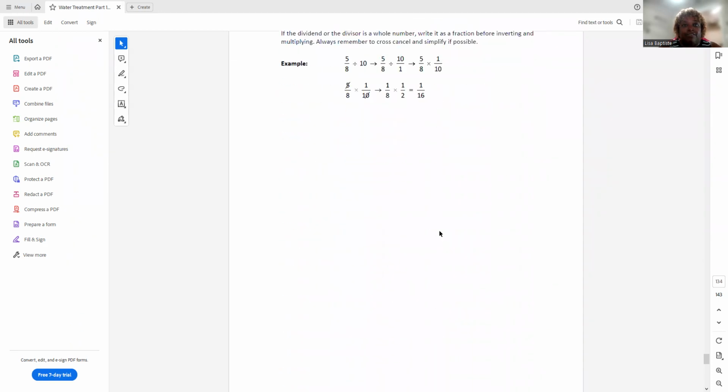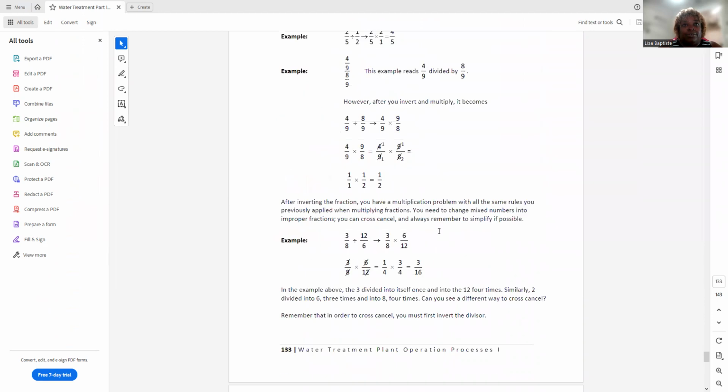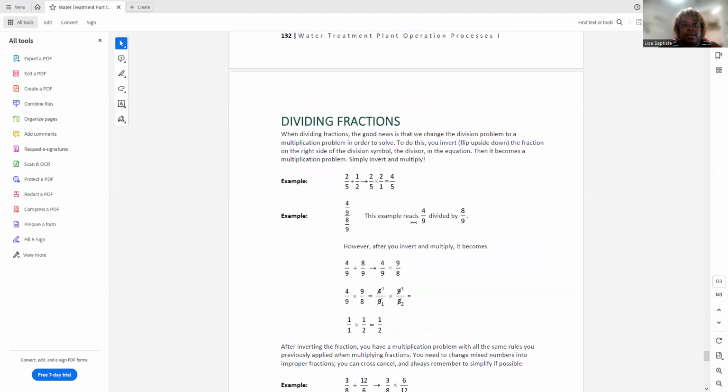So we have dividing fractions. I want to review this because when students deal with fractions, they usually try to stay away from them because they have a bad stigma of being too difficult to understand, but it's not that bad. If we had 2/5 divided by 1/2, when dividing fractions you change your division to multiplication and flip the second fraction.